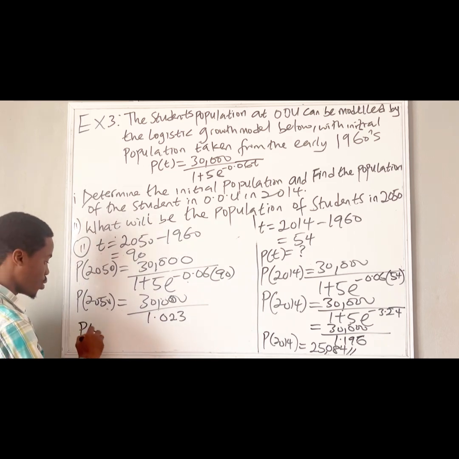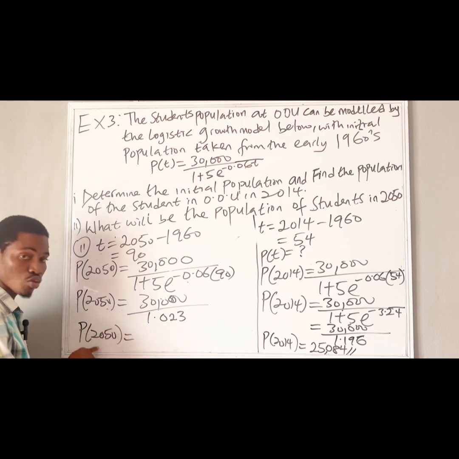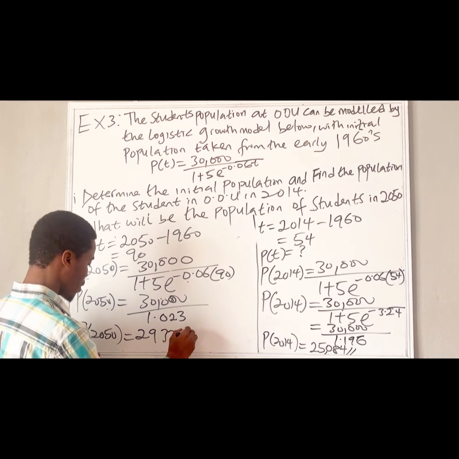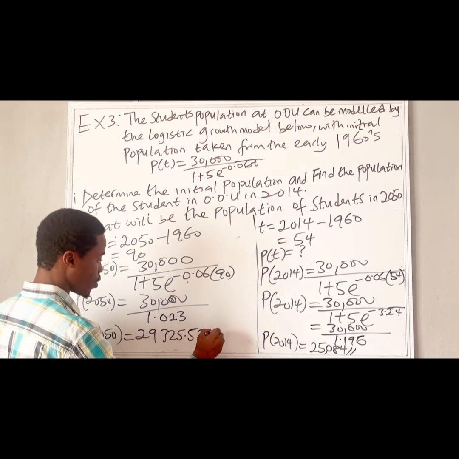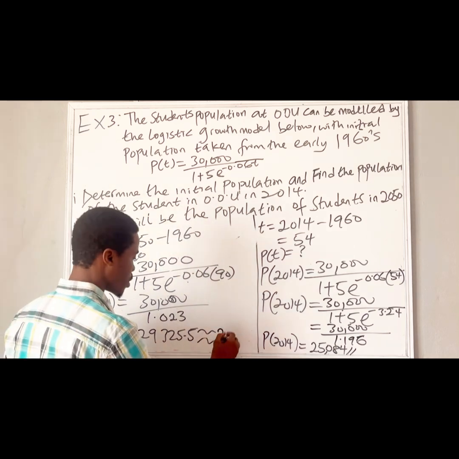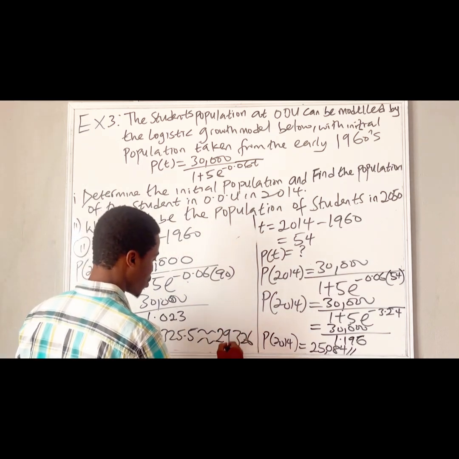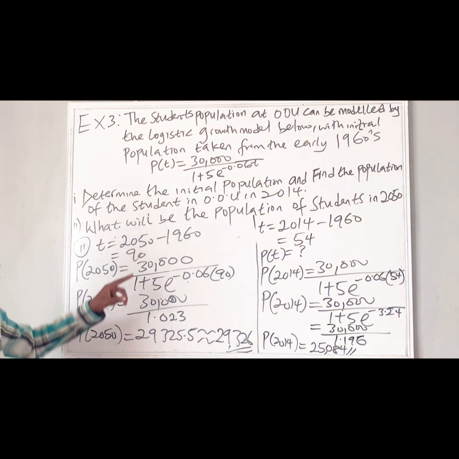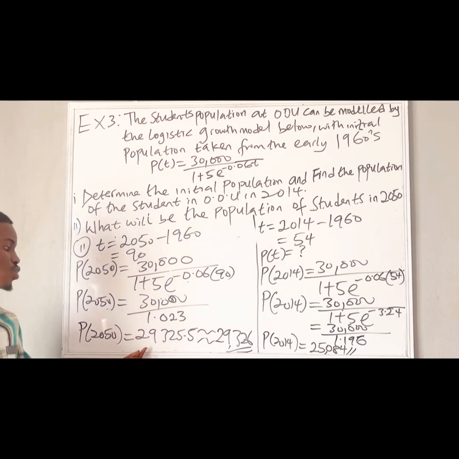So our population of the OOU students in 2050 is approximately 29,326. So this is how to calculate the logistic growth of the population of the OOU students.